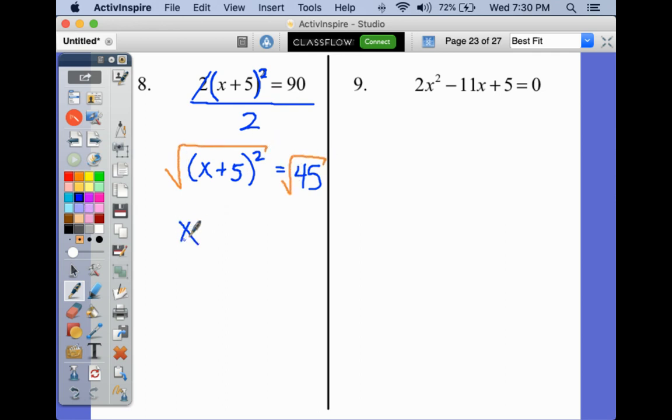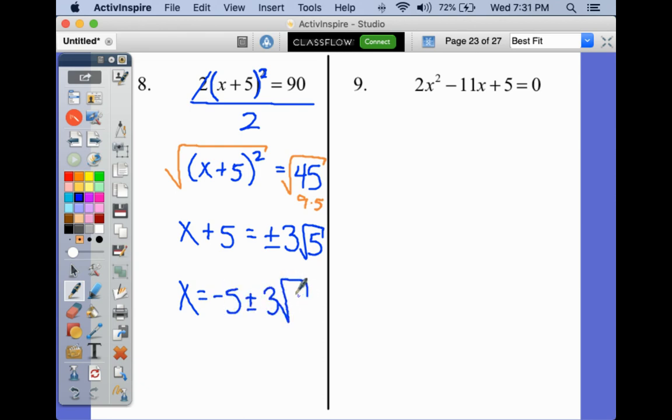So I get x plus 5 equals plus or minus the square root of 45. 45 is 9 times 5, and 9 square roots to 3, so we get 3 square root 5. And so subtract the 5, we get -5 plus or minus 3 square root of 5.